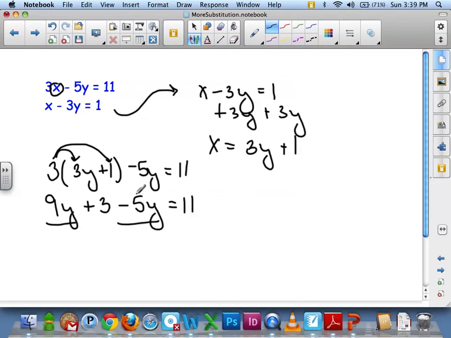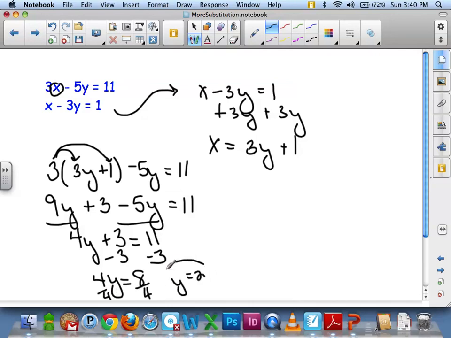Combining like terms, watching my signs, paying close attention to the fact that 5y is negative. So I'm going to combine them to be 4y plus 3 equals 11. I'm going to subtract 3 from each side. So I'll get 4y equals 8. Divide each side by 4. So we'll get y equals 2.